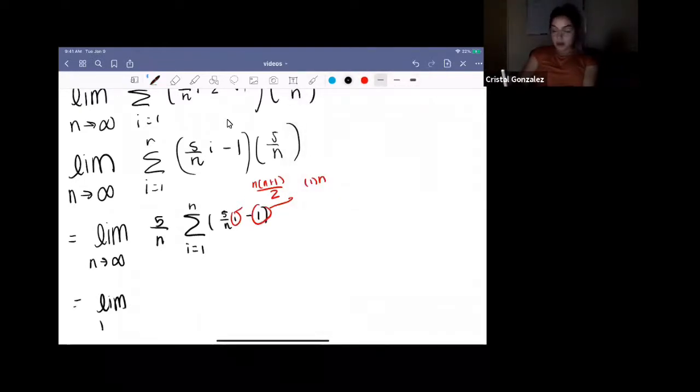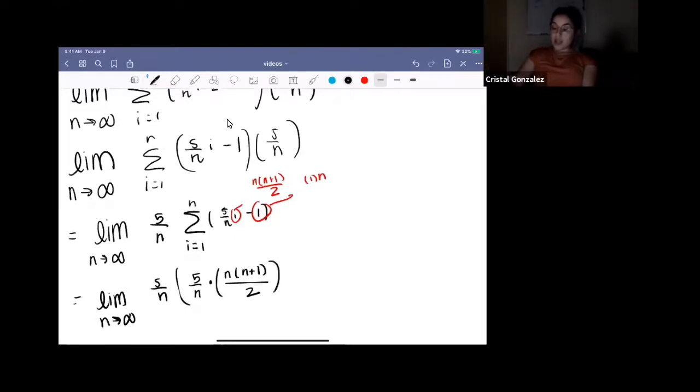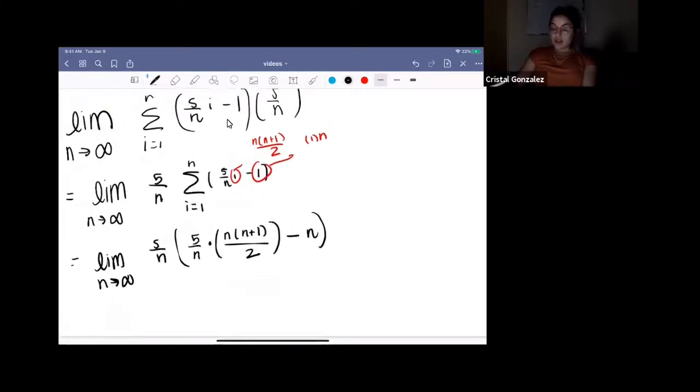The limit's still here. I haven't done anything with the limit, but now I'm replacing that sum. So I still have 5 over n on my outside, and I still have this 5 over n that was attached to this i, so I'm going to leave it. I'm going to have 5 over n, and now I'm replacing that sum of i by that Gaussian formula, n times n plus 1, all over 2. And then this is going to be minus 1 times n, which is just n. And so now I've replaced everything by that.